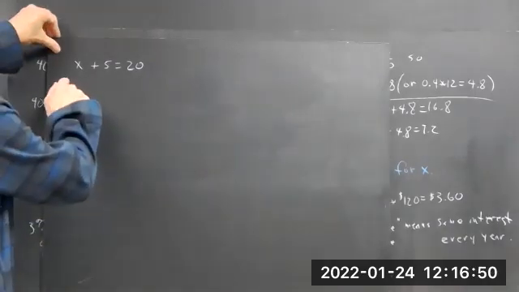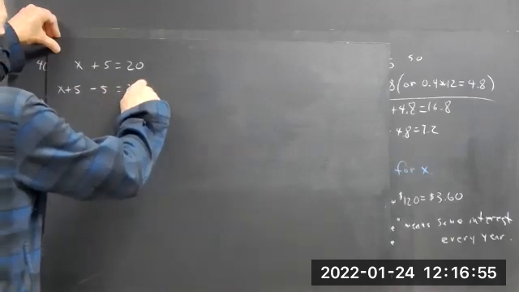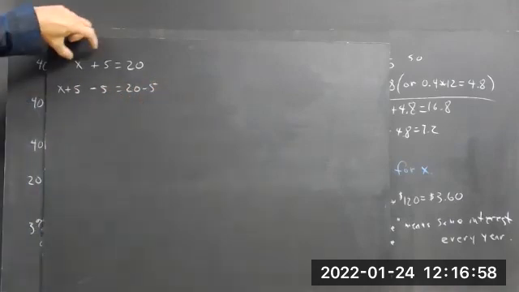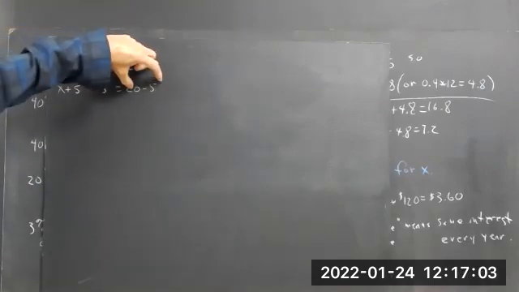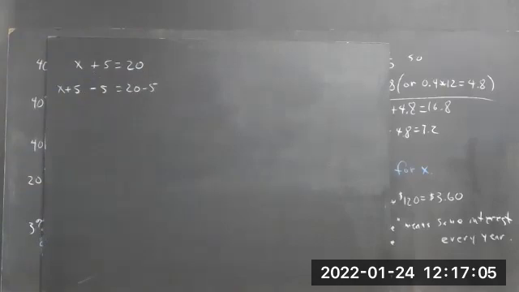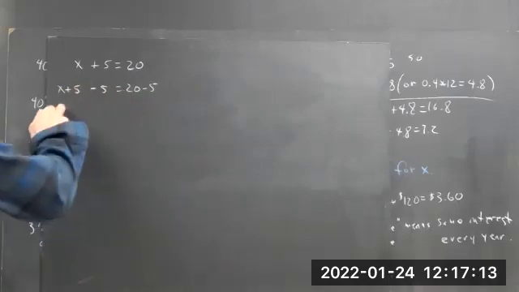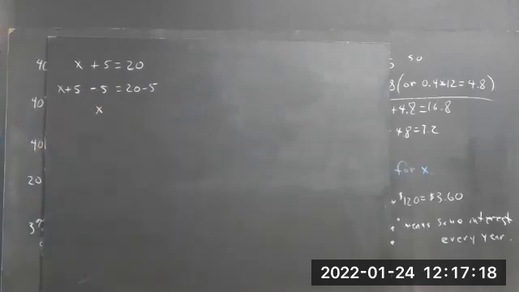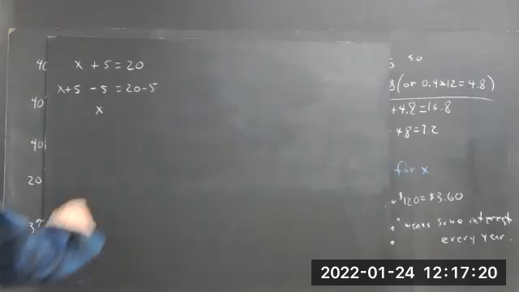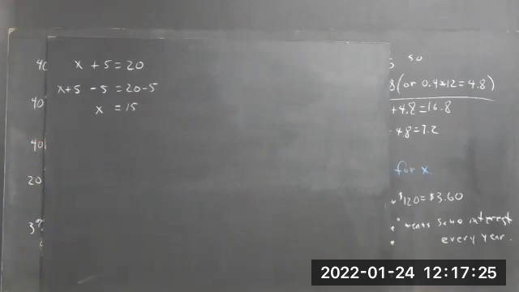X plus 5 minus 5 has to equal 20 minus 5, because if you subtract 5 from two things that are equal, you're still going to get two things that are equal. X plus 5 minus 5 is just X, because 5 minus 5 is 0, and 20 minus 5 is 15. Just as you suspected, the answer is 15.